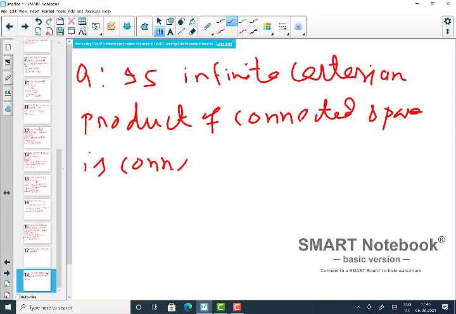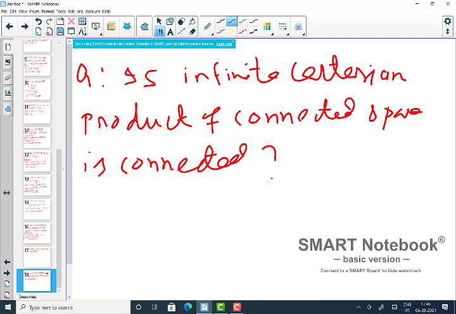This is a very natural question, and the answer is no. It may or may not be. It depends on the underlying topology. Okay, so maybe first I will give you examples where it is not connected and then connected, or vice versa, whatever.